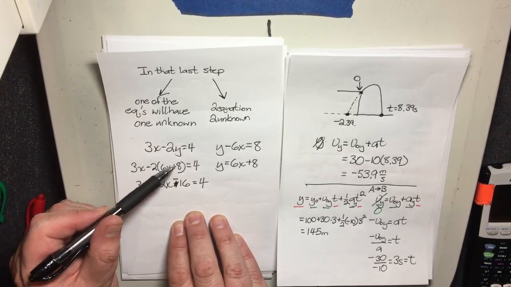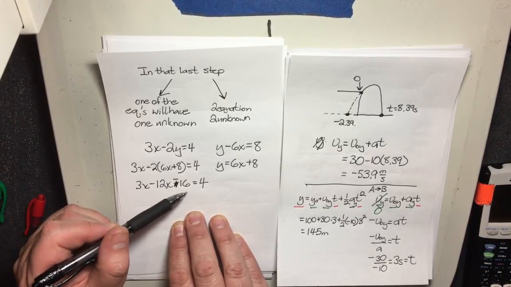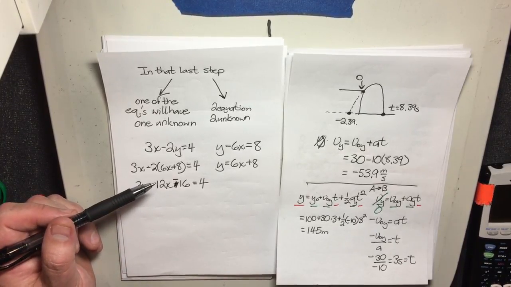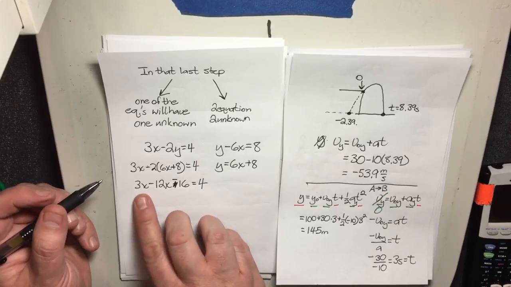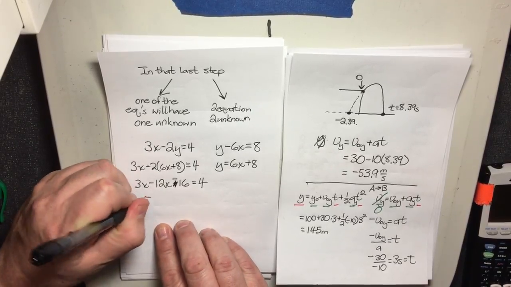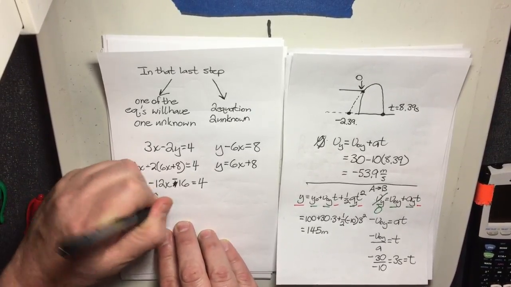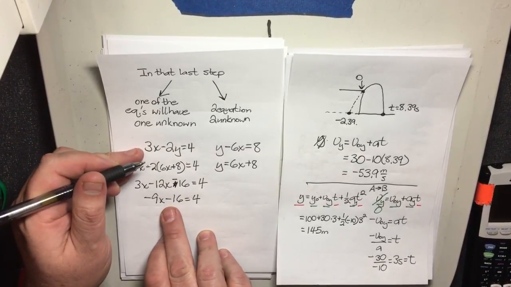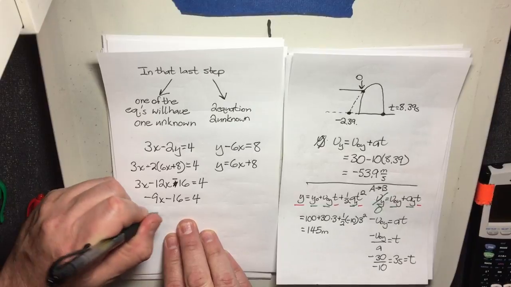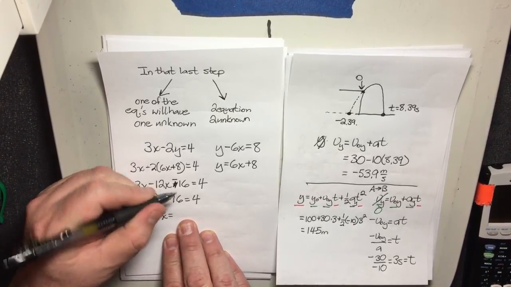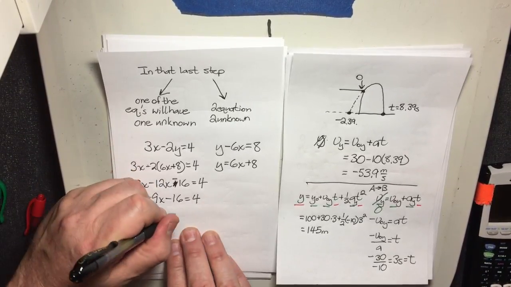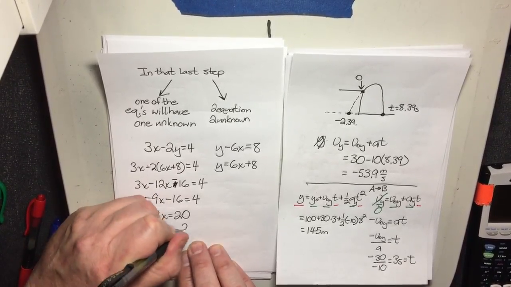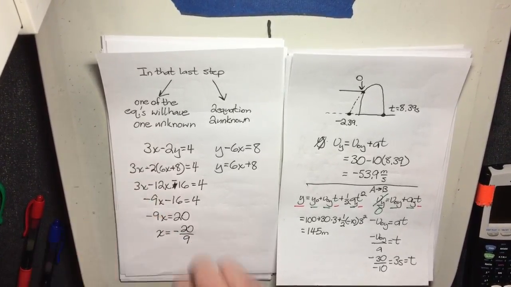The negative 2 hits the positive 8, becomes negative 16. I distributed the negative 2 with what was y. 3x minus 12x is minus 9x, minus 16 is equal to 4. Move the 16 over, minus 9x is equal to 4 plus 16, or 20, and x is negative 20/9.